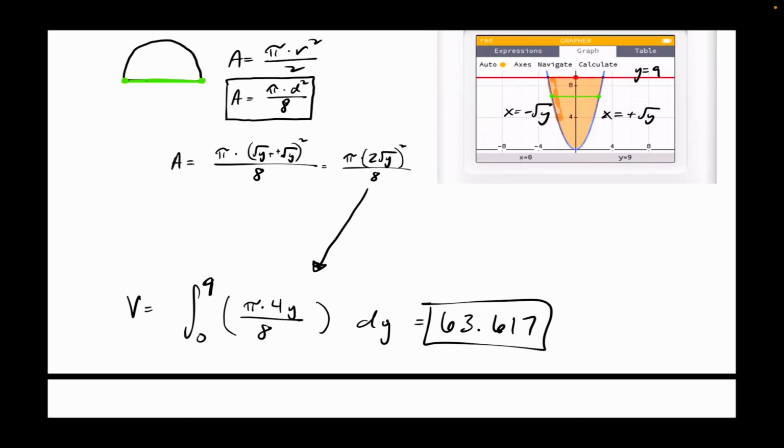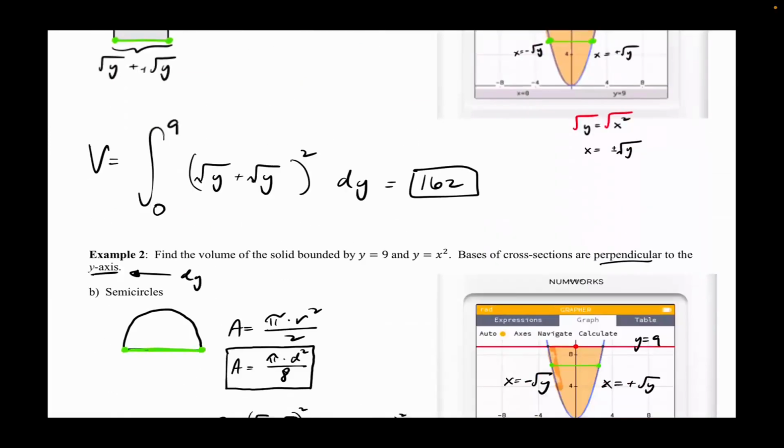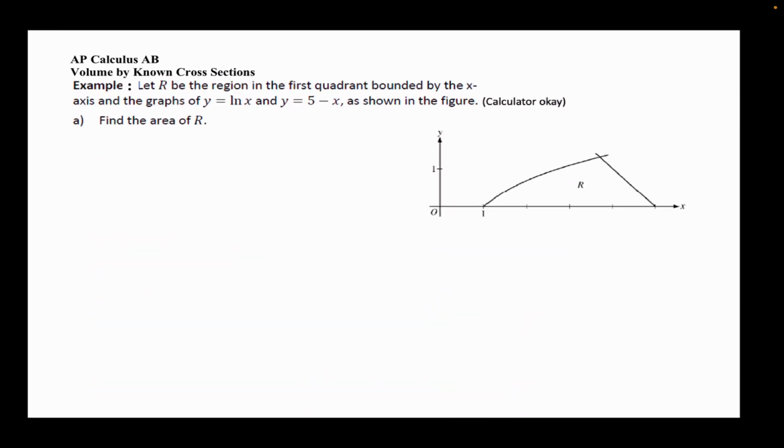Okay, so we've done two examples. I think we did three examples perpendicular to x. We did 2 examples perpendicular to y. Now I want to skip number 3 because number 3 is more of the same. I want to go to the last example that has 3 parts.